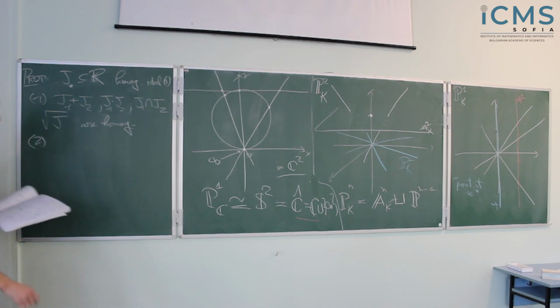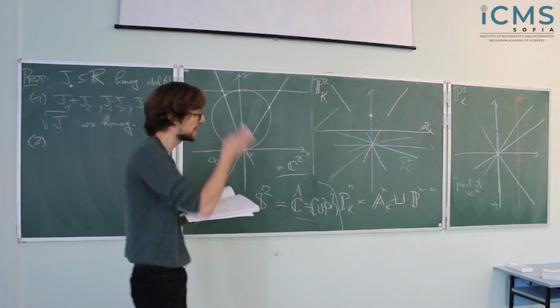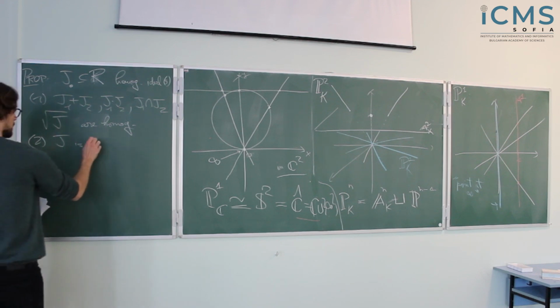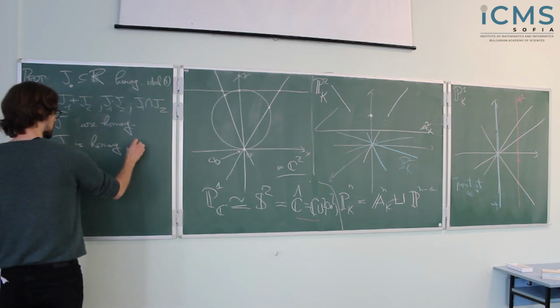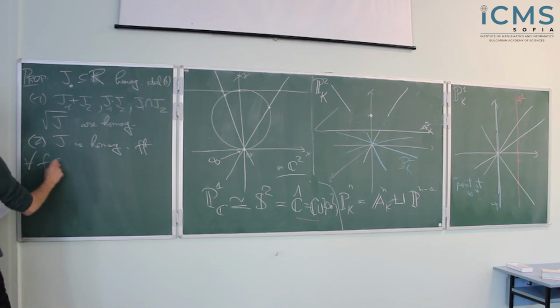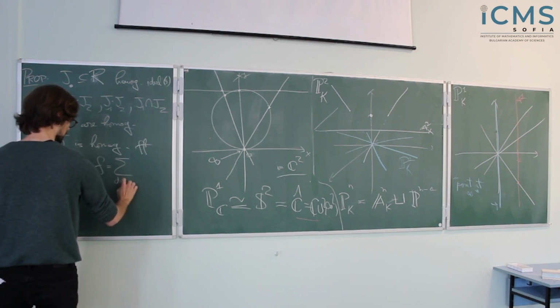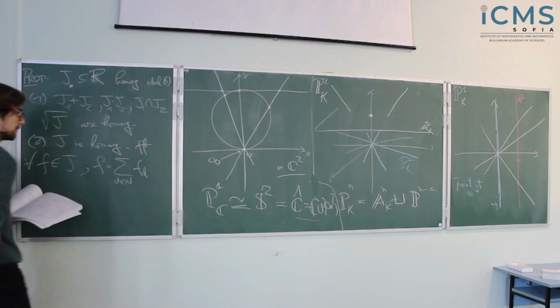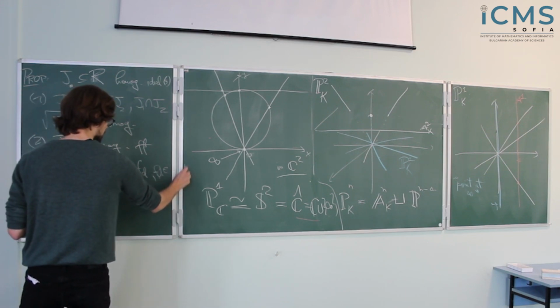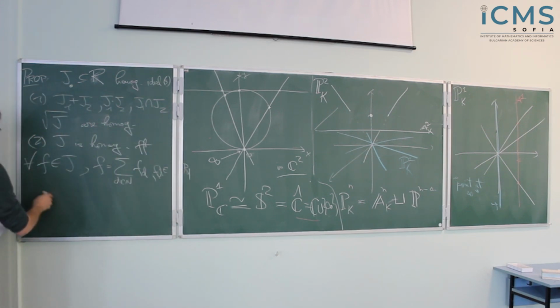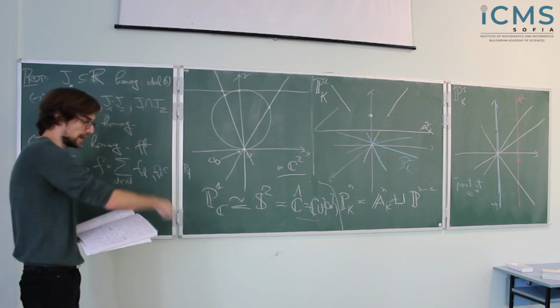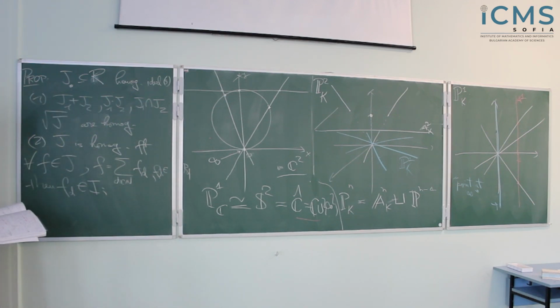There's a nice characterization of homogeneous ideals: an ideal I is homogeneous if and only if, for an element f inside of I which is decomposed as the sum of f_d with f_d inside of R_d, all of its homogeneous components are inside the ideal as well.